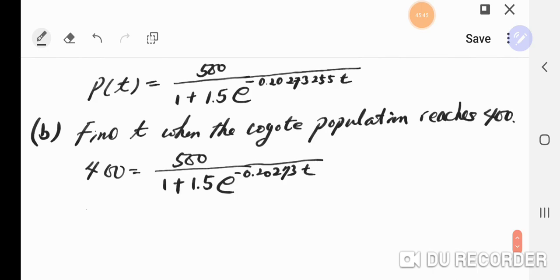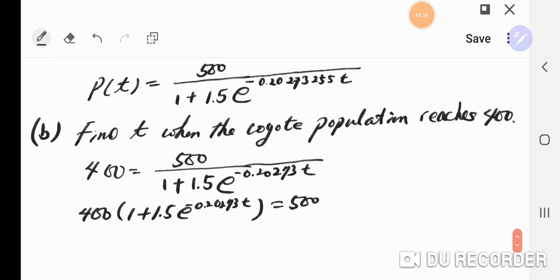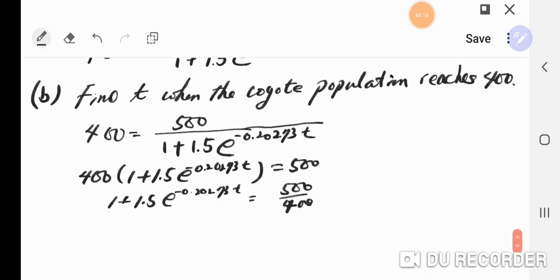Cross multiply, we do the same thing, so it will be 1 plus 1.5 e to the negative 0.20273t is equal to 500. Divide each side by 400, so 1 plus 1.5 e to the negative 0.20273t equals 500 over 400, which is 1.25.